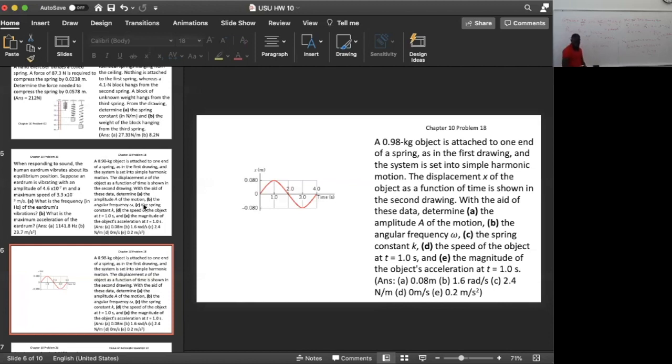So let's do that. 0.2 meters per second squared. Correct. So that is the answer for E. And D, the velocity is 0 at that point, okay? 0 at that point.